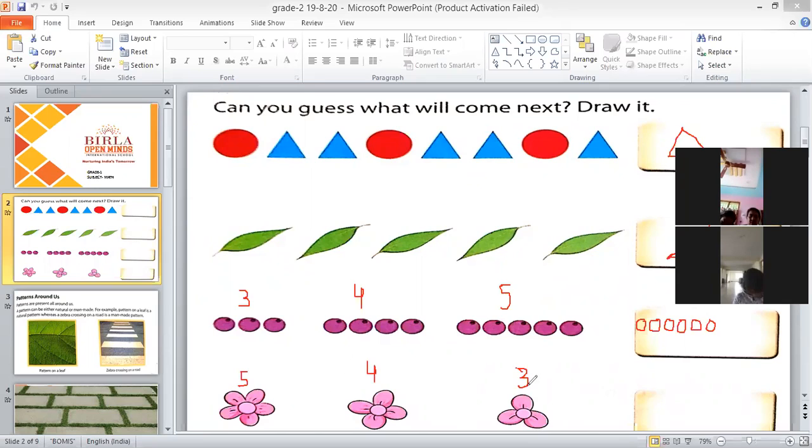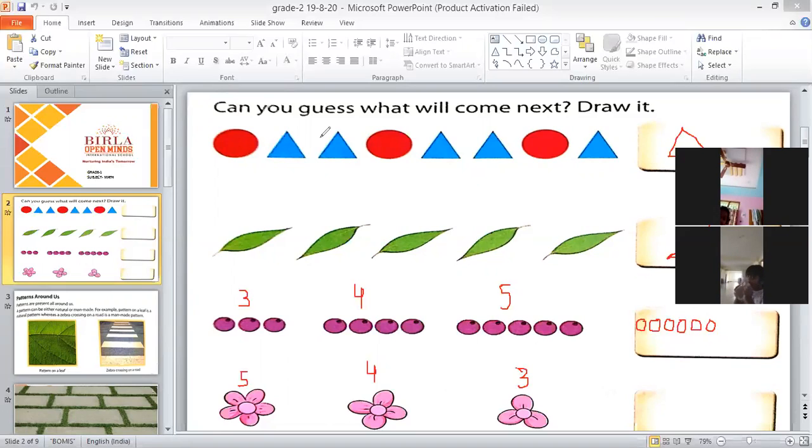So every time it is becoming 1 less. So now we have to think what will be 1 less than 3. So what comes just before 3? We have to draw that many petals. Right?